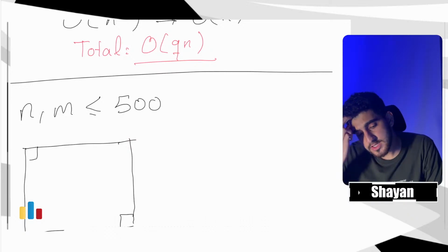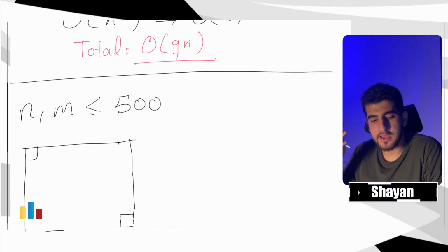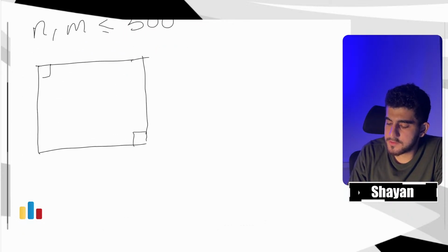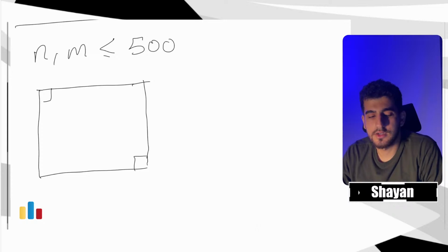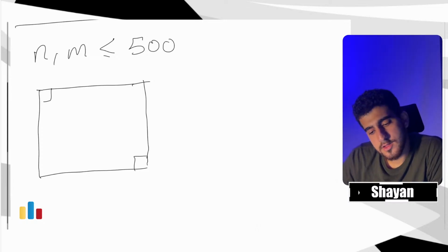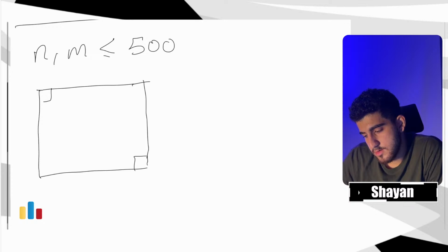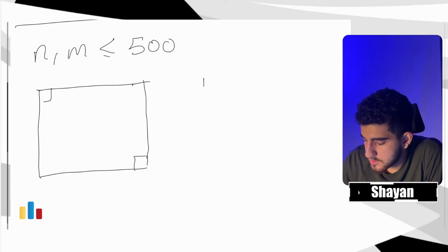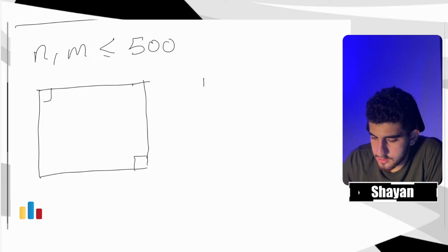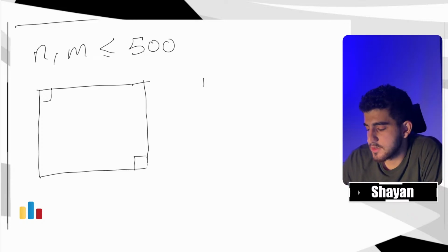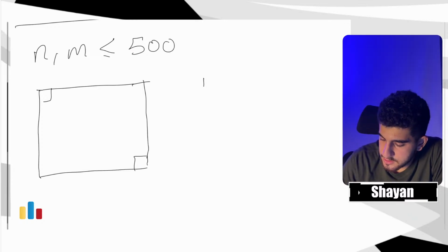Okay, guys, the point is that what is the length of the path if we start from the top left corner and go to the bottom right corner? Do you agree that the length of the path is equal to n plus m minus 1? Yes, we need to check that a of 1 and 1 is equal to a of n and m. That's right.